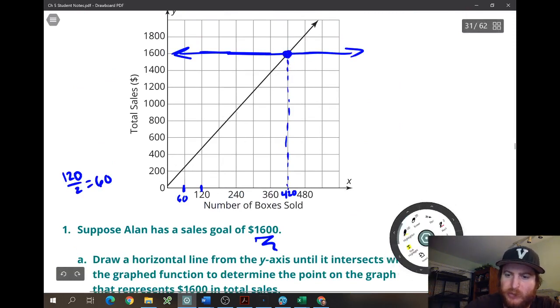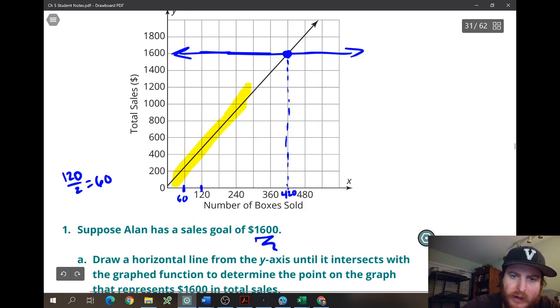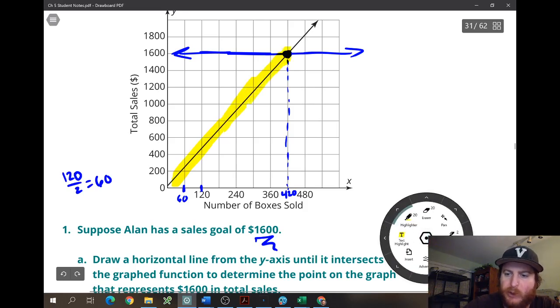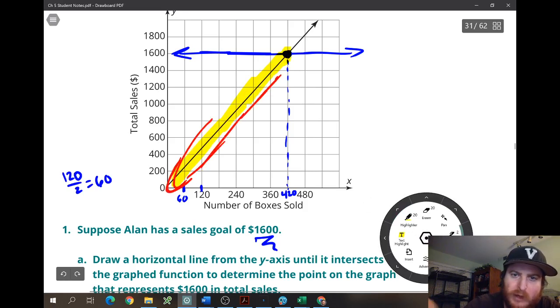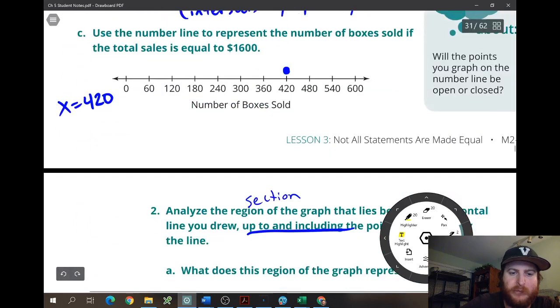If you had a highlighter, I would highlight the point as well. If we were to circle it, I would circle everything below, including the point. So that's the area we're looking at.